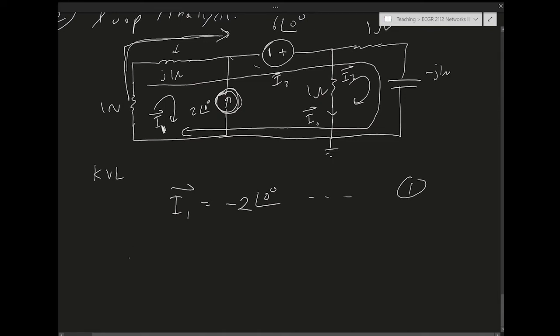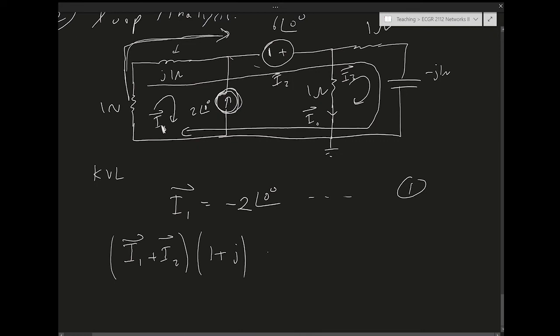So really the equation should have been I1 plus I2 times 1, and then I1 plus I2 times j. So I can just put in I1 plus I2 times 1 plus j. Okay, this was my mistake.